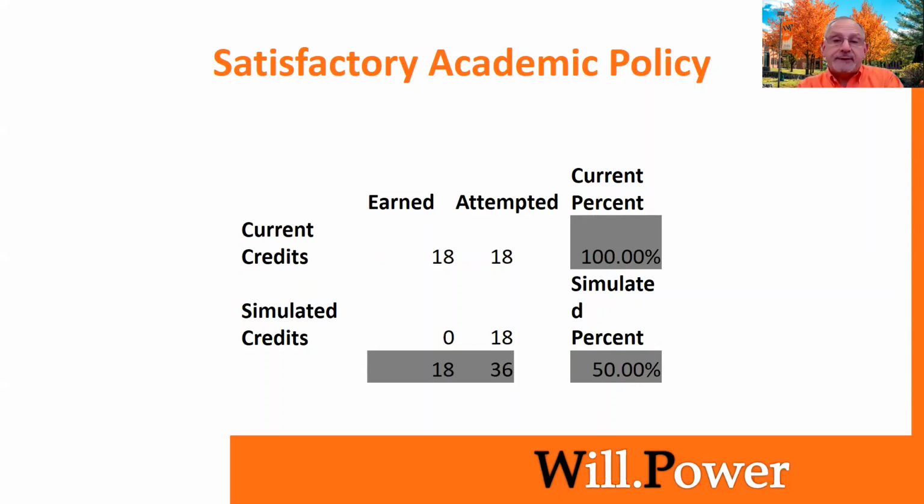They earned 18 credits over 18, a 100% completion rate, but in their second semester, something happened. They earned no credits. Either they withdrew from every class or they had a combination of withdrawals and Fs or FNs. So their completion rate was only 50%, and they would have to file an appeal.